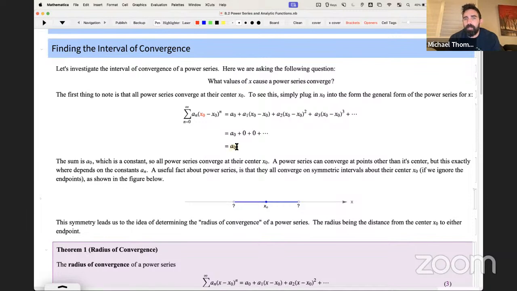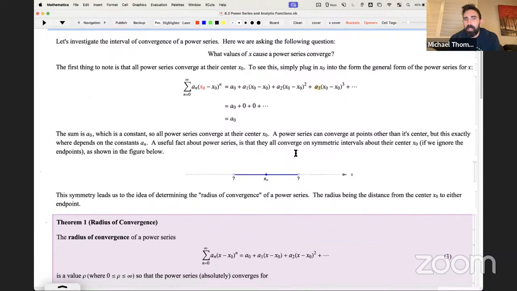That is the sum. Now, a power series can converge at other points other than its center, but it depends on what these constants are. That will determine where it converges. A useful fact I mentioned earlier about power series is that when they converge on intervals, they're always symmetric intervals about the center.